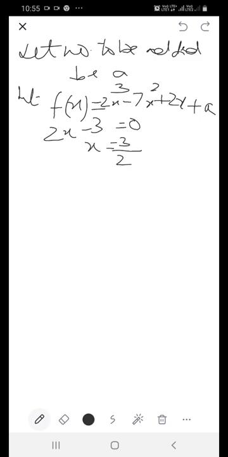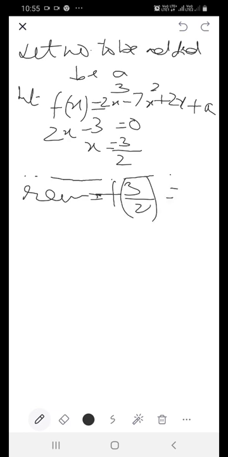Then you are going to write the statement of the remainder theorem, that when f(x) is divided by 2x minus 3, remainder is equal to f(3/2). You will then say remainder is equal to f(3/2), and the remainder is given to you as minus 2.